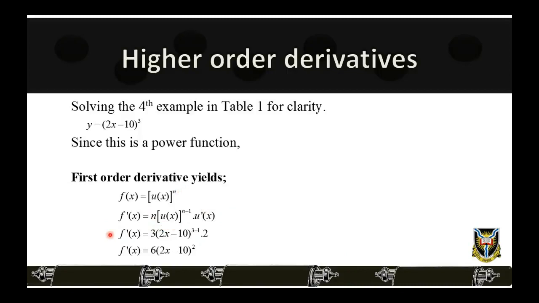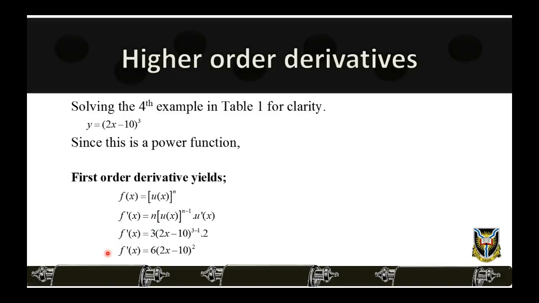F prime of x equals 3 of 2x minus 10 in bracket to power 3 minus 1 times 2. F prime of x equals 6 of 2x minus 10 all in bracket raised to power 2.